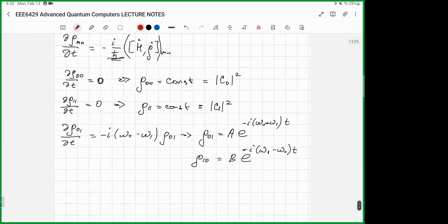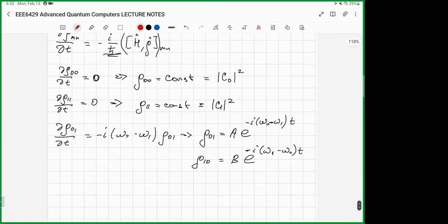In reality, if we excite the system to the excited state, it will decay to the ground state, and this decay is due to the interaction of the system with the thermal bath. This is something that we will discuss soon.